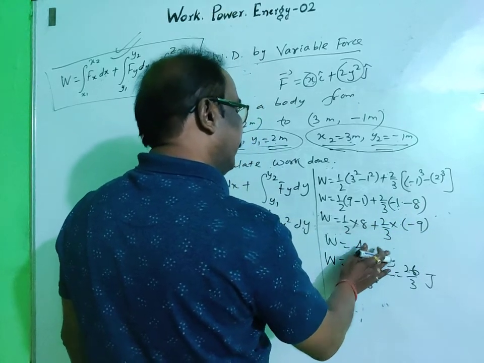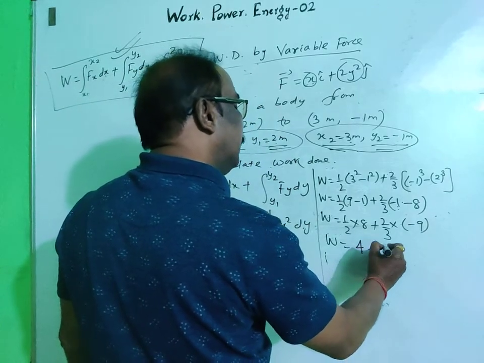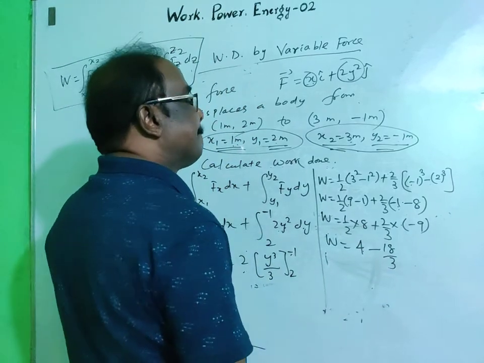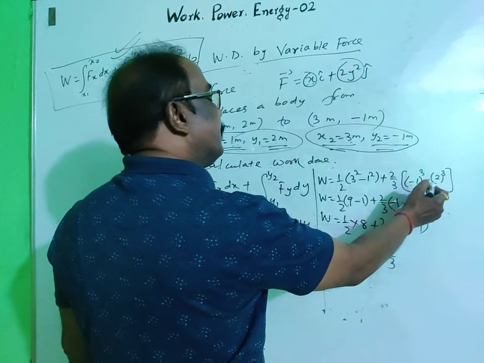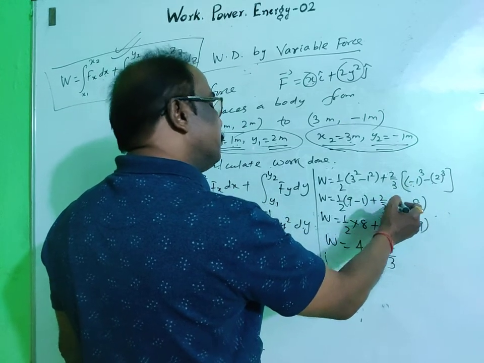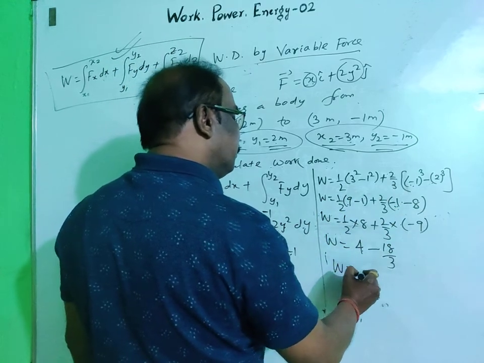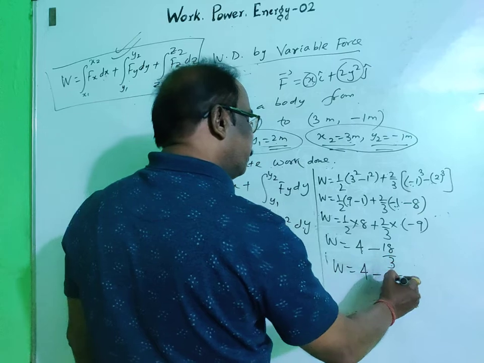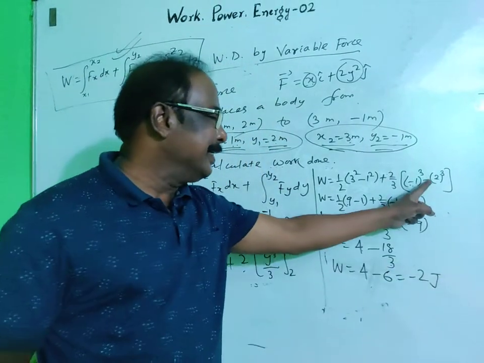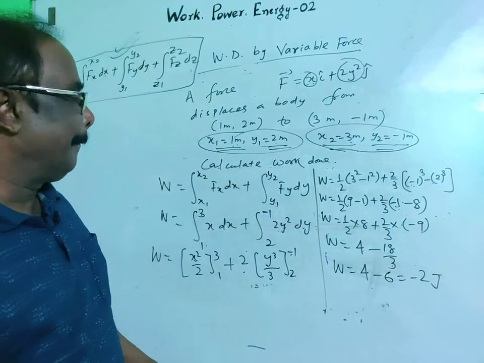And finally it will come minus 18 by 3. This is minus 1, minus 8, minus 9. Minus 9 into 2, minus 18. So work is equal to 4 minus 6, which is minus 2 joule. Okay, so minus 2 joule.